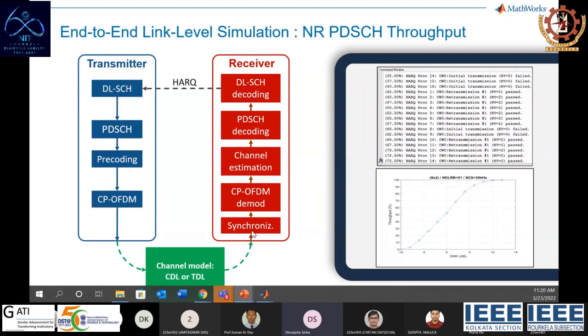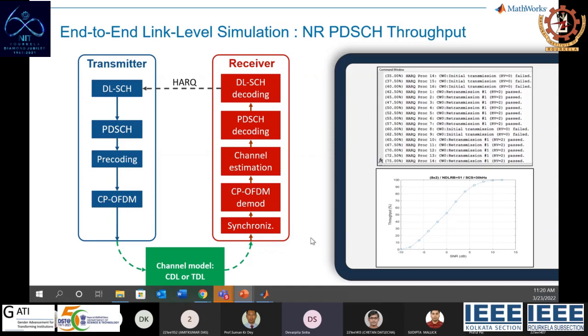On the receiver side, again do synchronization, OFDM demodulation, channel estimation, decoding, and finally decoding in the logical channel itself. If it is not transmitted properly, it will send a HARQ to make the transmitter transmit again. HARQ is hybrid automatic repeat request.